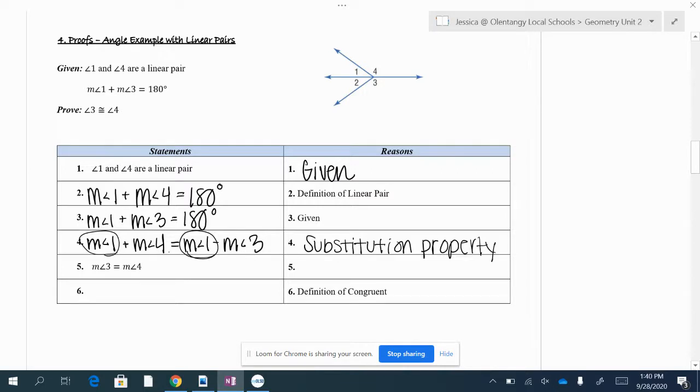And I see that measure of angle 1 is being repeated, so then I can say that measure of angle 3 is equal to measure of angle 4, and that is the subtraction property of equality. And then the last line needs to be what I'm trying to prove, so I'm trying to prove that angle 3 is congruent to angle 4, and that is by definition of congruence, because I know if the measurements are equal, then the two angles are congruent.